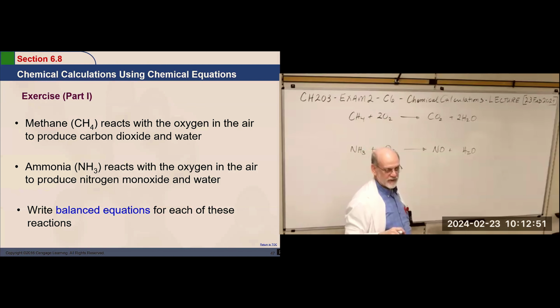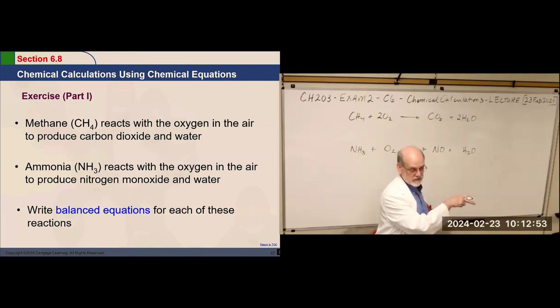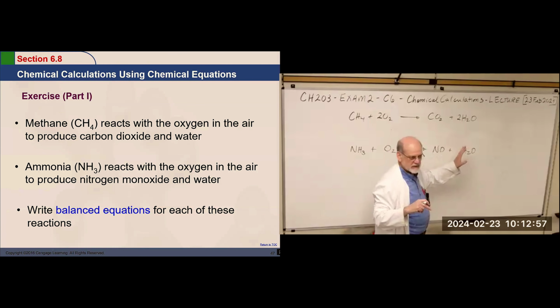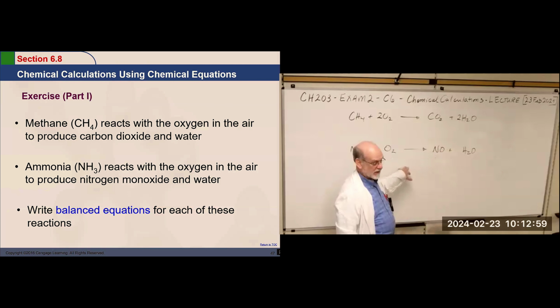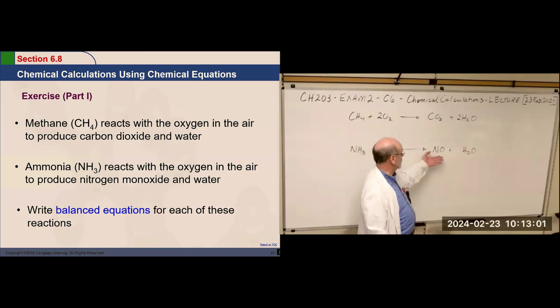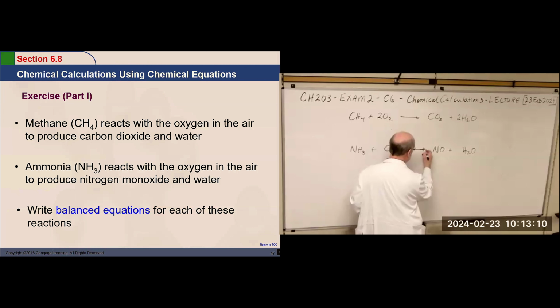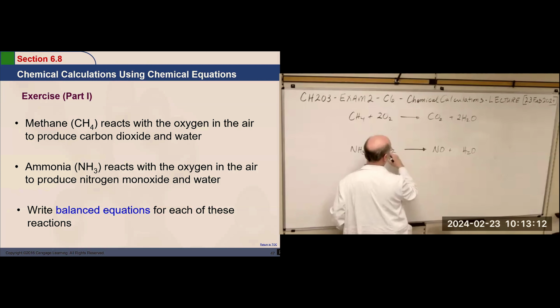Most of the reactions you have to balance will give you both reactants and products because the product output depends on reaction conditions. We could change the reaction conditions and come out with maybe nitrogen dioxide instead. But in this case, under the conditions that we've established for this reaction, it gives us nitrogen monoxide.